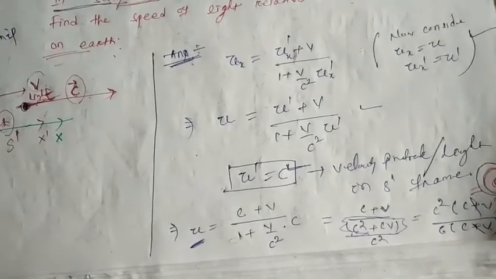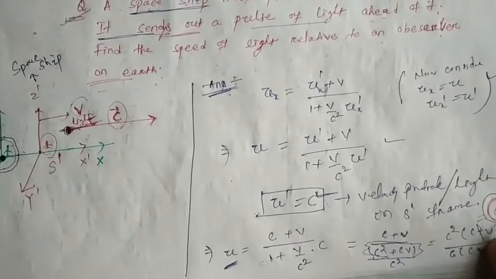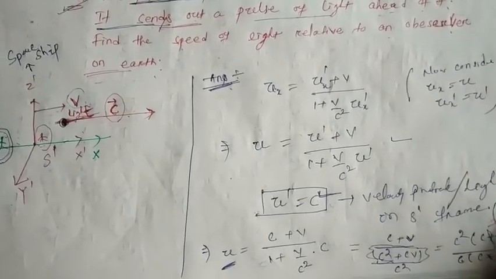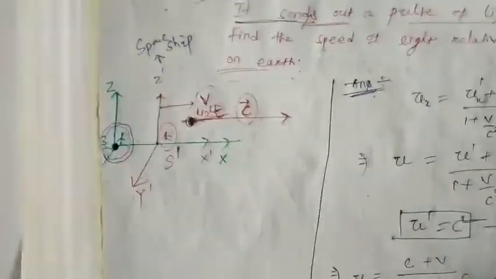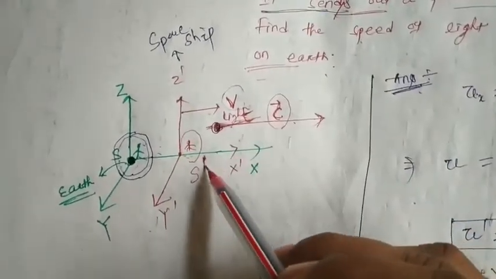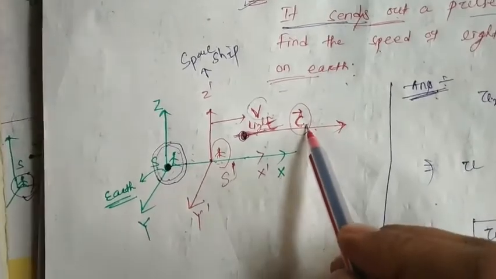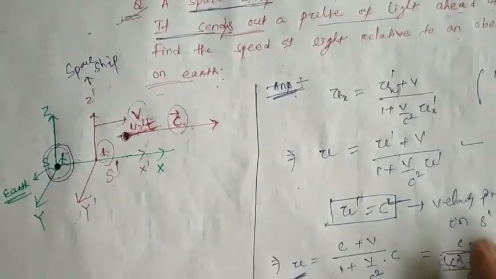According to the postulate of the special theory of relativity, the speed of the light measured from any frame of reference is constant. The speed of the light measured from the S dash frame is c, and in the S frame it is also c. So write down this question and answer carefully in your note.